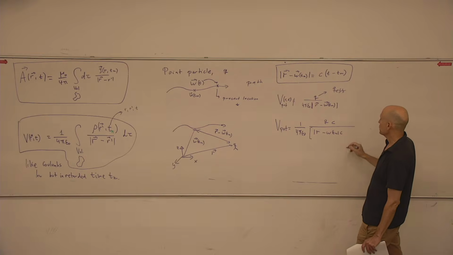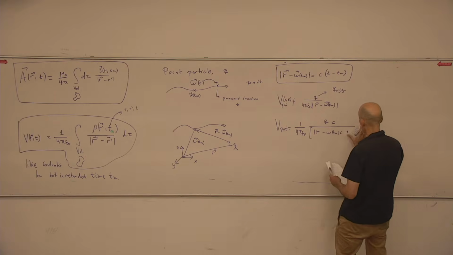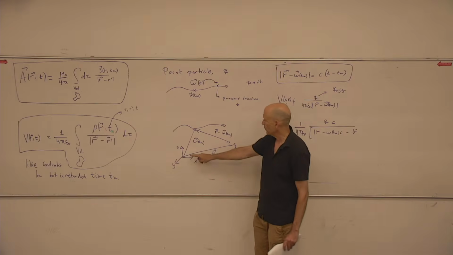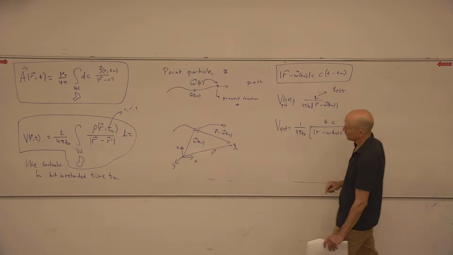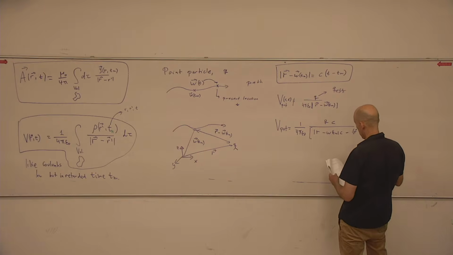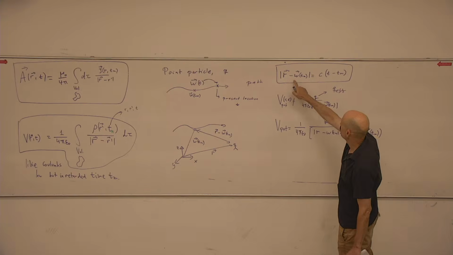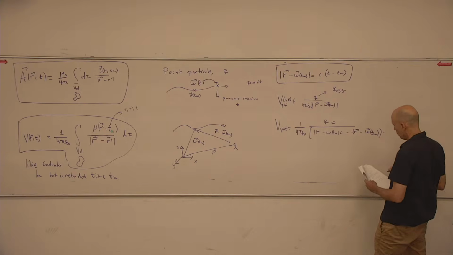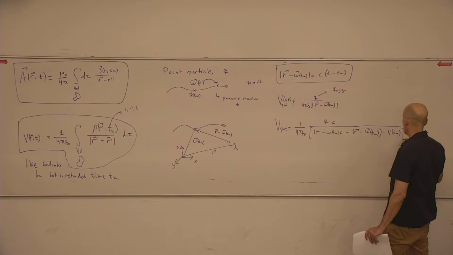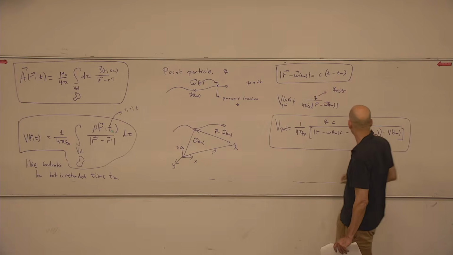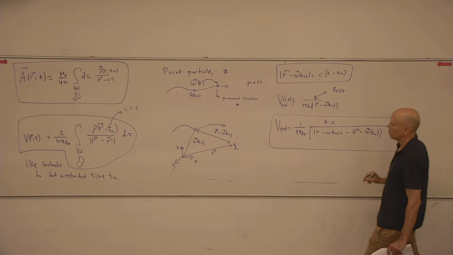You see the C and the C vanish, but there is a correction term, minus the vector R minus WTM, again the same vector, but now dot V at Tm. V at Tm is the speed of the particle at the retarded time.